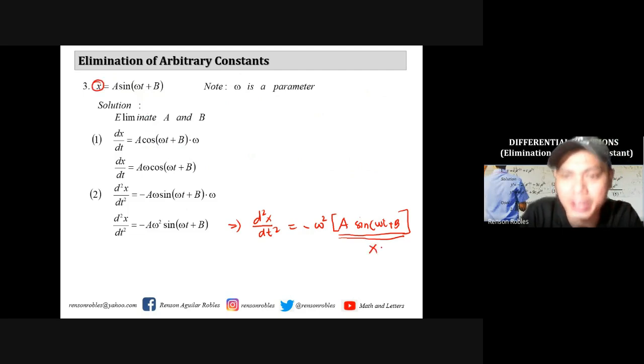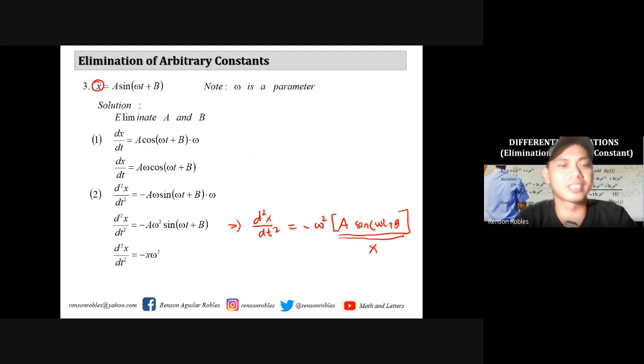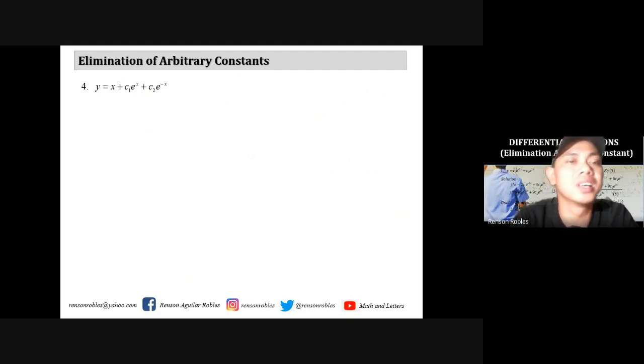So this is our x. And then we shall have the second derivative of x with respect to t equals negative x omega squared. Yeah, and that is our final answer. The second derivative of x with respect to t plus x omega squared equals 0. Another one.